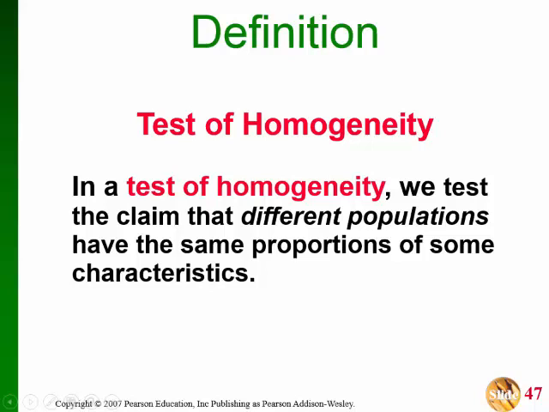The quiz that you should be looking at now is the red-green color blindness between men and women. Either somebody's red-green colorblind or not. So those are the binomial distribution, one of two things, and then men and women. That would fall under test for homogeneity, except it's a binomial distribution, so we just use a proportion for that.